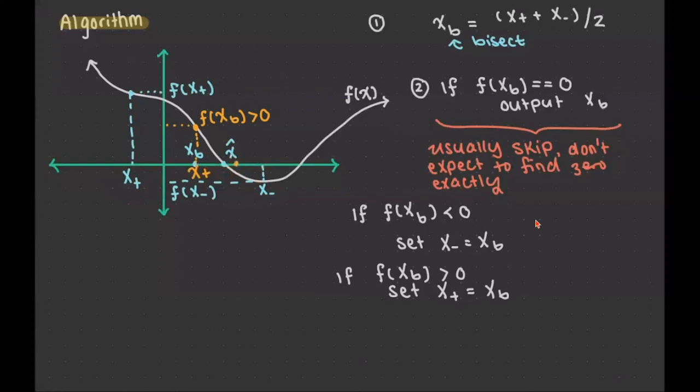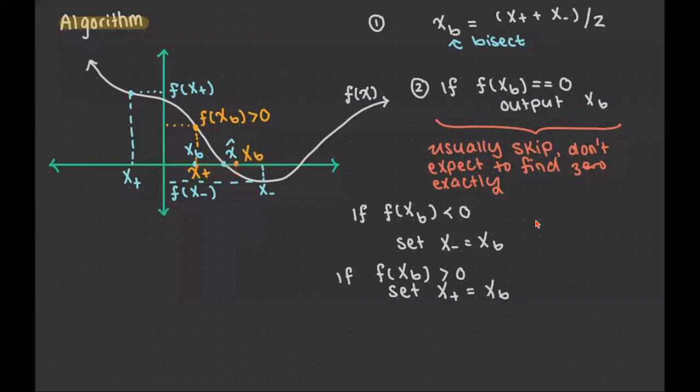So this becomes our new xb, and we do the process all over again. That's the basic idea: we keep making the interval smaller and smaller. Notice here was x plus to x minus, then here's the new interval, and if we were to do it again, look at this xb that's negative, so then this would be our interval.